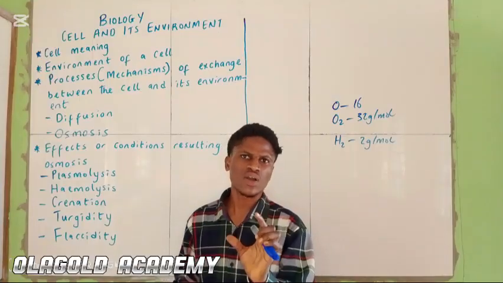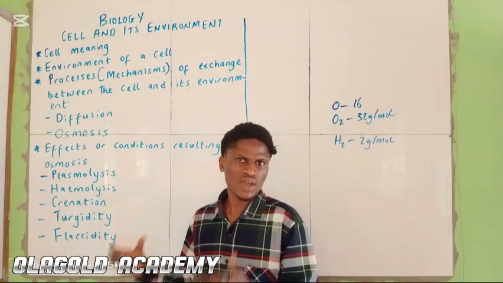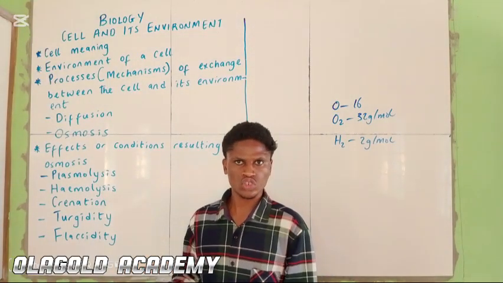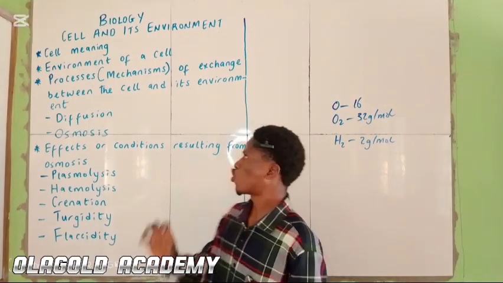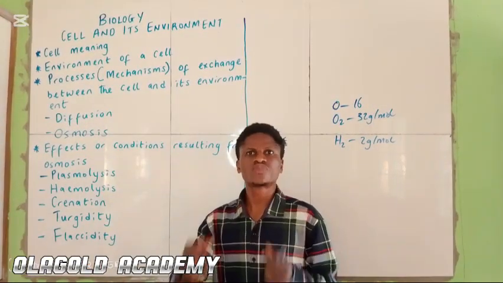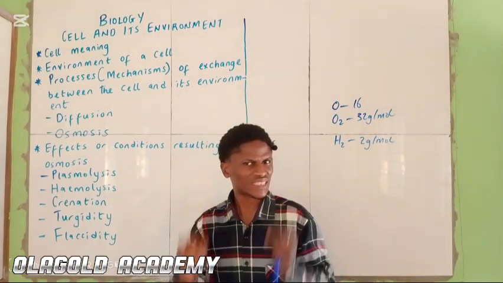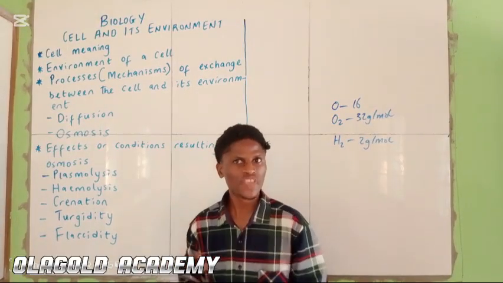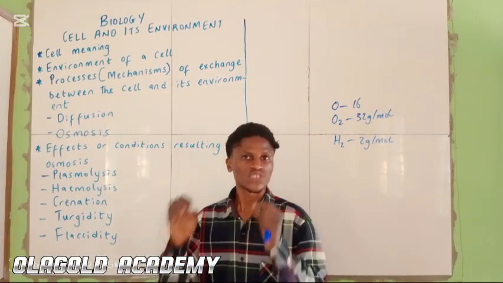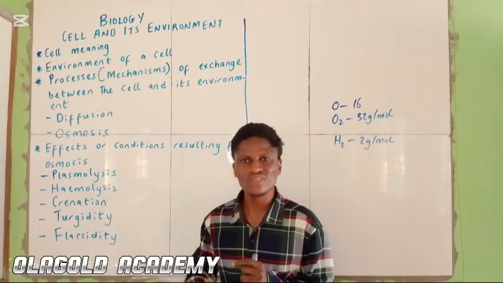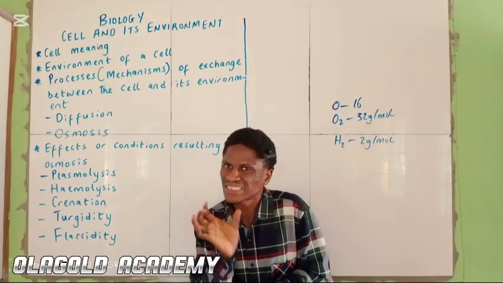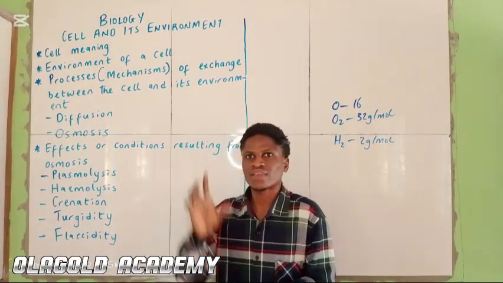It allows carbon dioxide. It allows glucose. It allows protein. So our cell membrane is an example of a selectively or semi-permeable membrane because it selects what goes in and comes out of the cell. It selects it. It does not allow all like a permeable membrane.